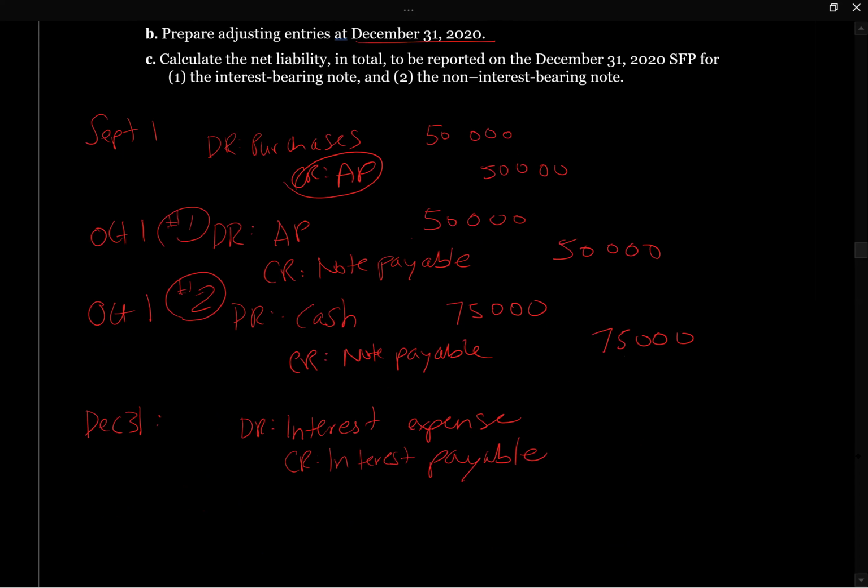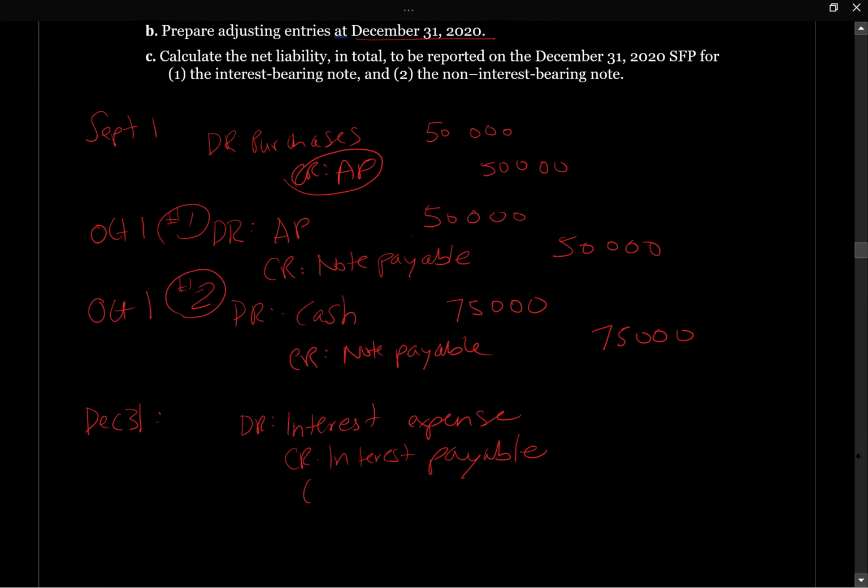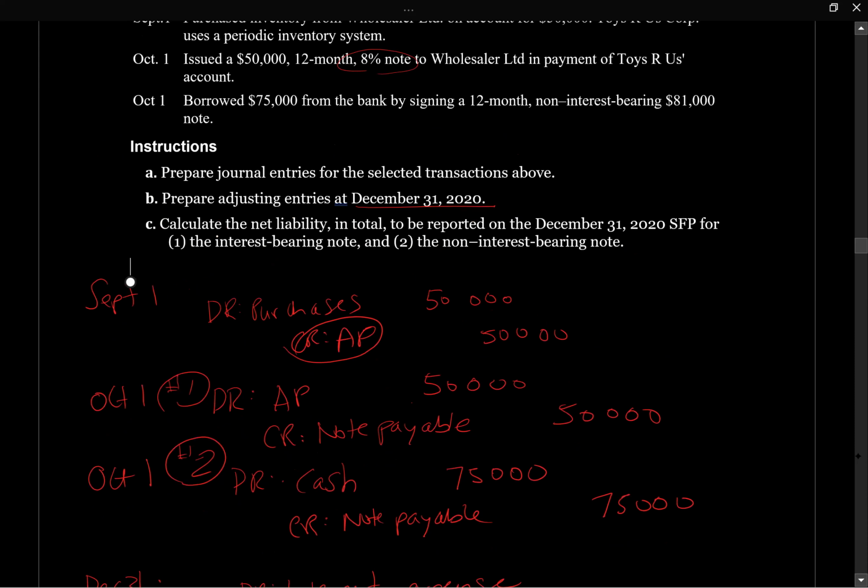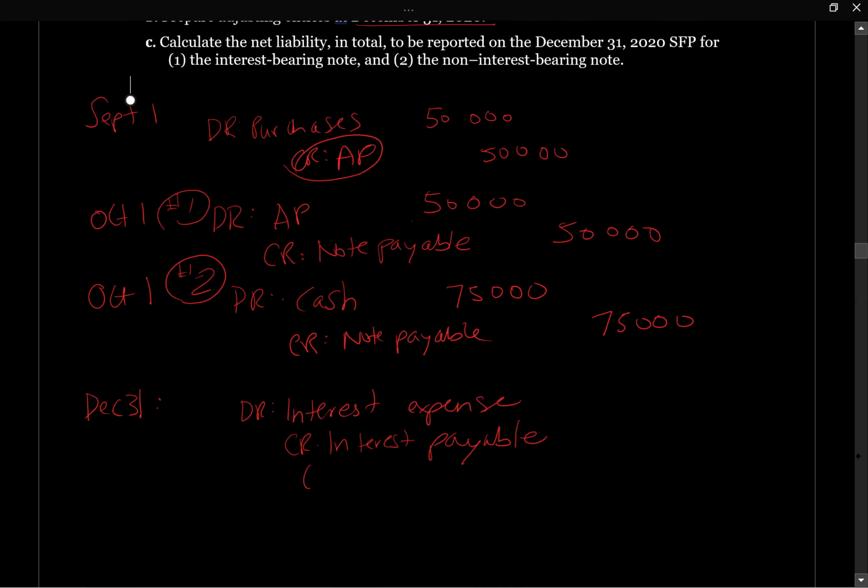So we're going to do our math here: $50,000 times 8% times, so how many months have gone by? We issued this note October 1st, so October, November, December.